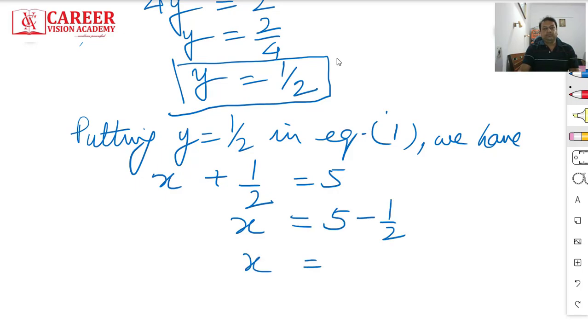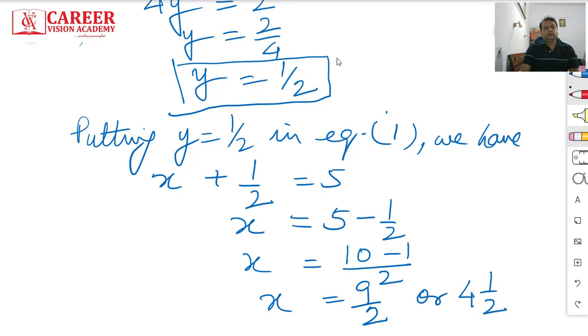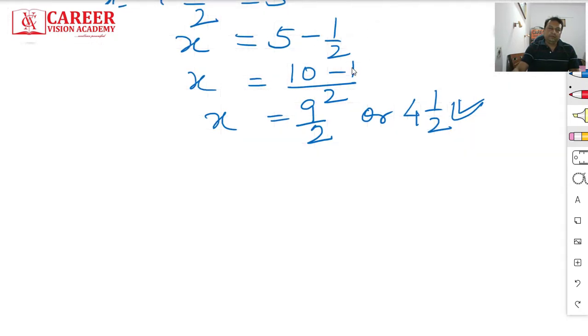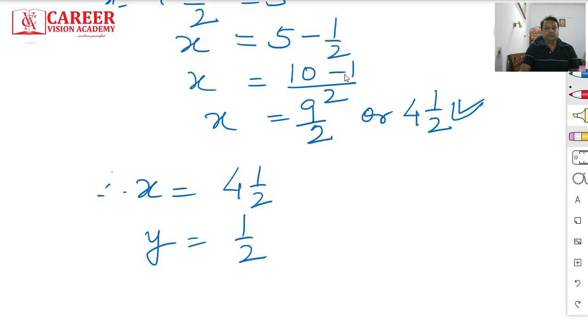I hope the simplification part is easy for all of you. So we get the value of x as 9 upon 2 or 4 whole 1 upon 2. So this is the value of x we got, and this is the value of y. This is your elimination method. Now in the answer you can write, therefore x is equal to 4 whole 1 upon 2, y is equal to 1 upon 2, and this is your answer.